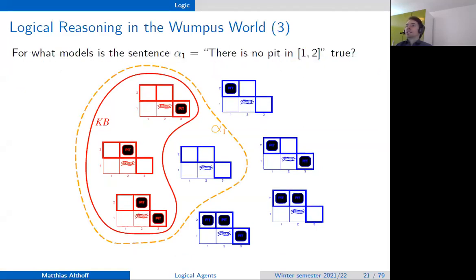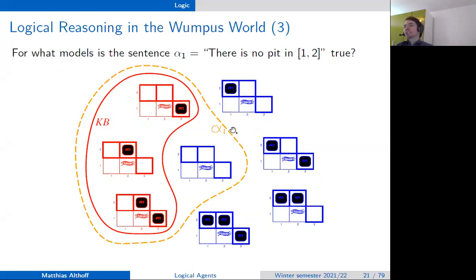Okay, so now we want to check the sentence: there is no pit in 1-2. 1-2 is this square here. So now we have to look at all the models for which this is true. So there's no pit here, here, here, here. And for all the other models, this statement is not true.